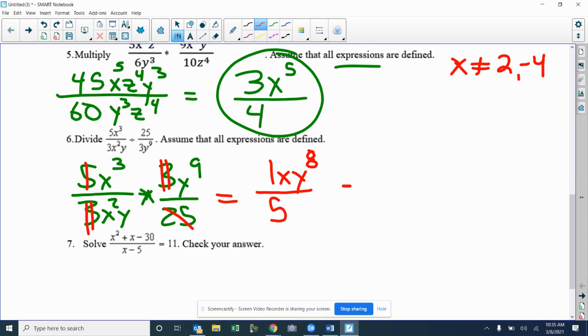And there you have it. We probably won't put that 1. In most math books, we take that 1 out because we never put that there. So x y to the 8th over 5. Still okay, everybody?